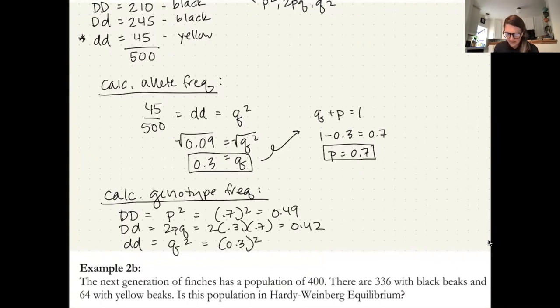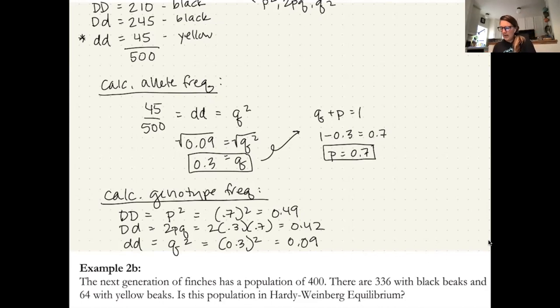squared. Hold on here. 0.3 squared. Oh yeah, sorry, 0.09. Just wanted to double check. I have it wrong in my notes here, which is silly. 0.09.